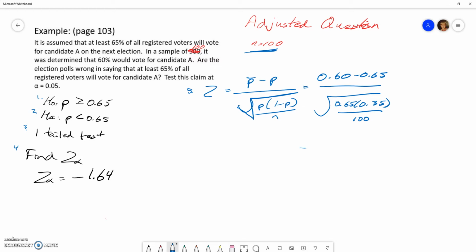When we carry out this calculation, we'll find that the test statistic, let's run that number, equals negative 1.05. We'll round that a little bit.